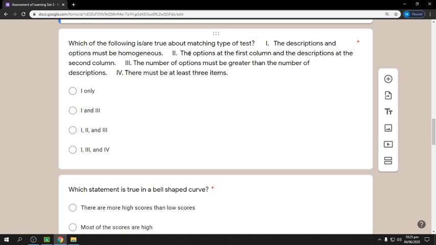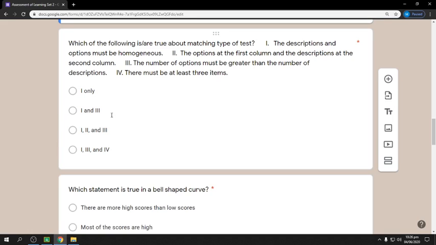There's no specific rule or standard that says that the first column should be this and the second column should be that. You can switch them up. So 2 is already out, so I would remove this. So I have a 50-50 chance of getting the right answer. It's going to be between B and D.